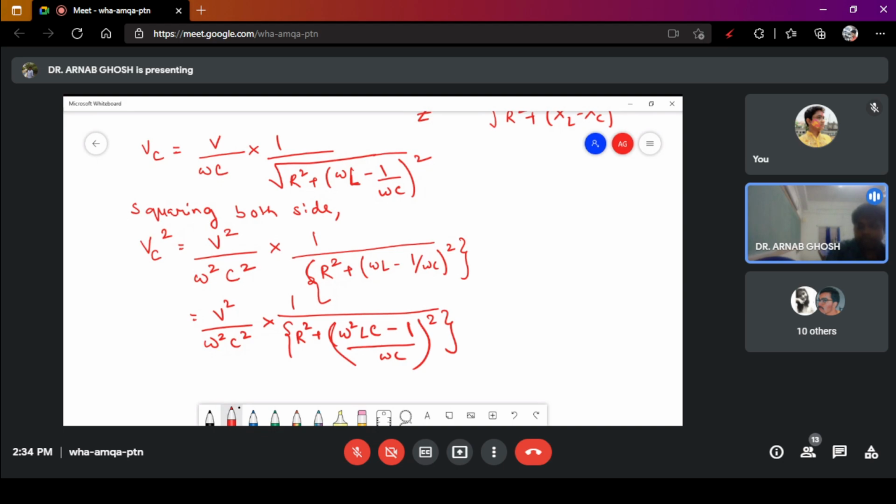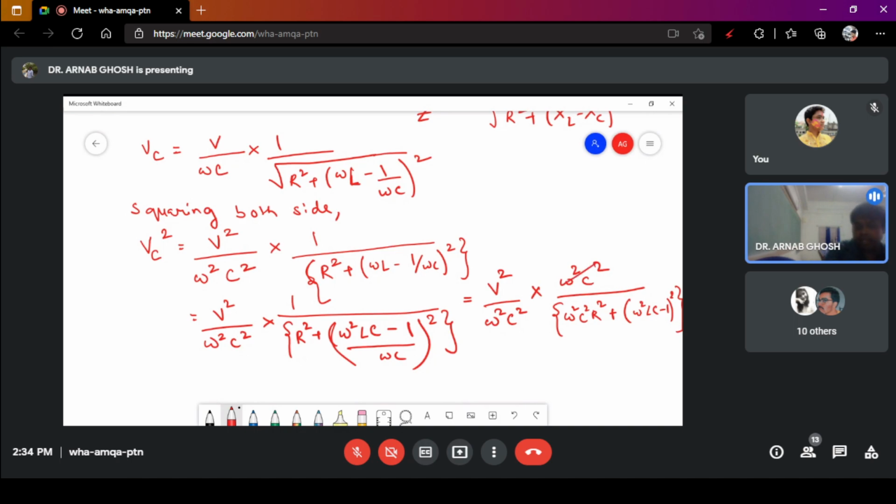Okay. So if you just rewrite this, this will be equal to V square by omega square C square multiplied by omega square C square and divided by omega C square R square plus omega square LC minus 1 whole square. Just simple simplification.